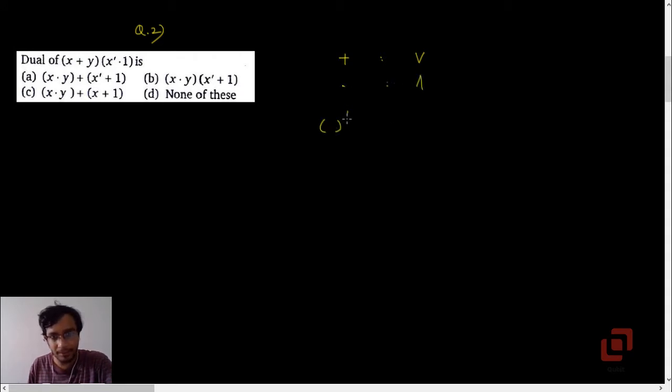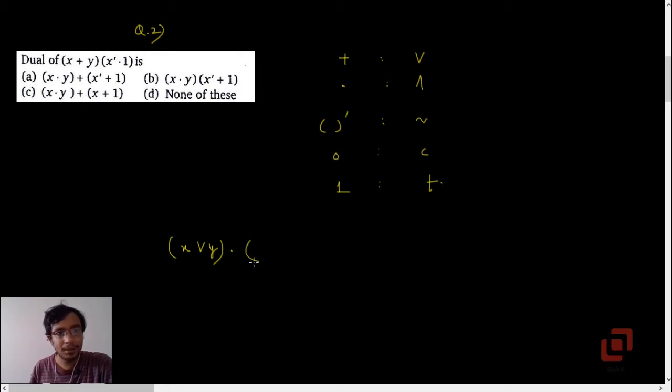Prime corresponds to the negation. 0 corresponds to contradiction or fallacy, and 1 corresponds to tautology. Now they are saying dual of x plus y, or let me put it in this way, x or y, and when they don't have anything you assume that it is dot.